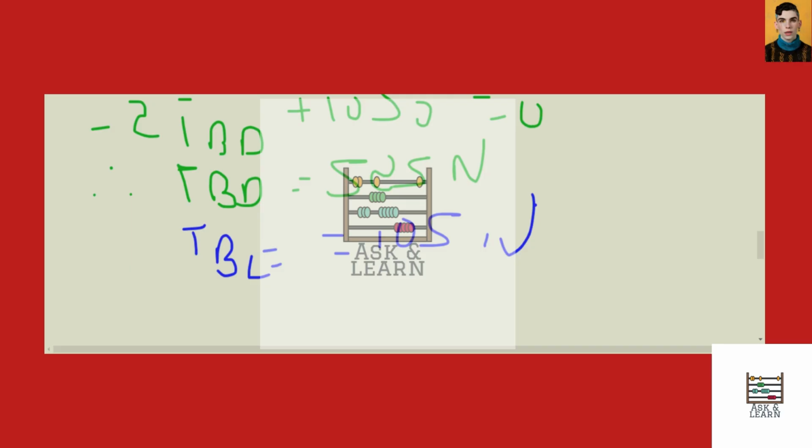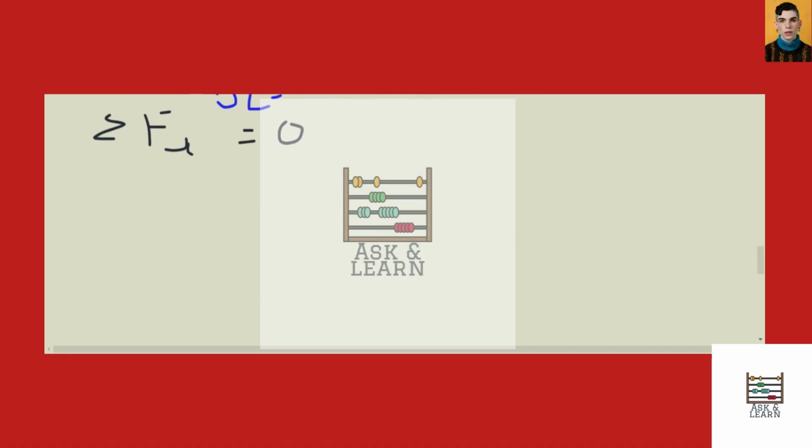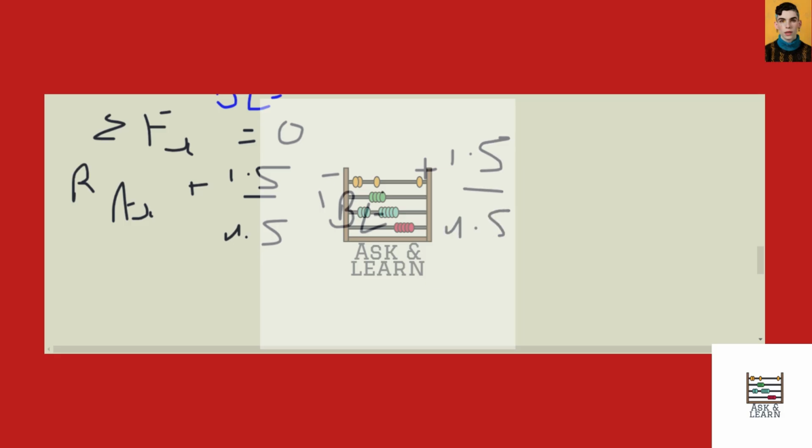Now as we know, the sigma Fx is equal to 0. So here we are going to sum all the forces which are acting in the x direction, which is RAX plus 1.5 upon 4.5 TBE plus 1.5 upon 4.5 TBD minus 105 is equal to 0.